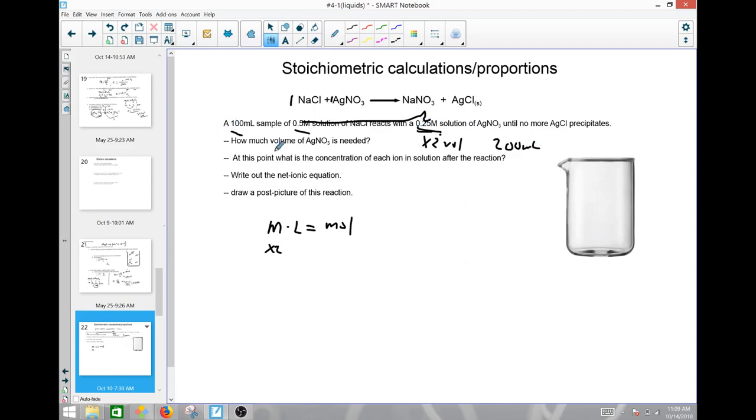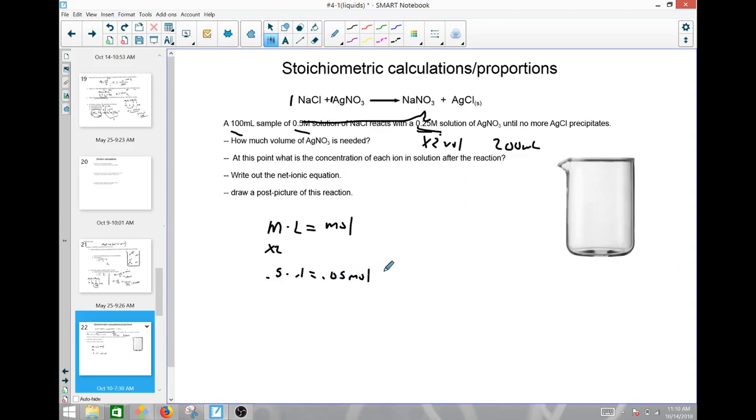How would I actually calculate that? What if I didn't know that, or if the numbers weren't so nice? What I would do is solve this out. How many moles of this do I actually have? Molarity is 0.5 times a volume of 0.1 liters, which is 0.05 moles.